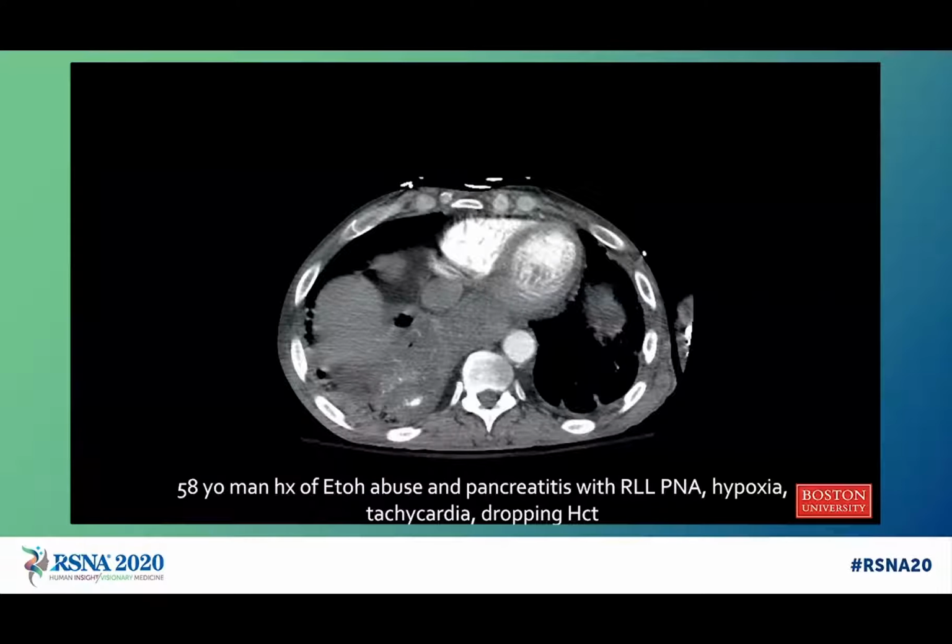Cases. The first example is a 58-year-old man with a history of alcohol abuse and pancreatitis with right lower lobe pneumonia. He was suffering from hypoxia, tachycardia, and a dropping hematocrit. A CTPA was ordered.